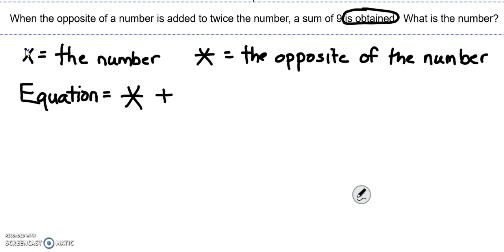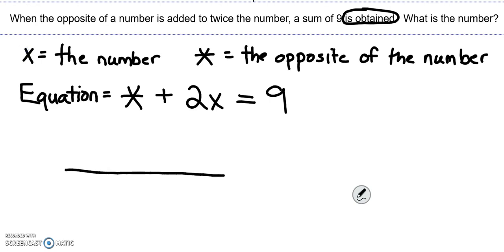I want when the opposite of a number is added to twice the number. 2x, exactly. Yes, perfect. So the opposite of a number is added to twice a number, then a sum, that's the answer to an addition problem, so equals, and what does it equal? 9. There's our equation.